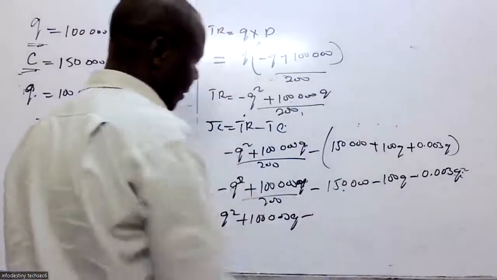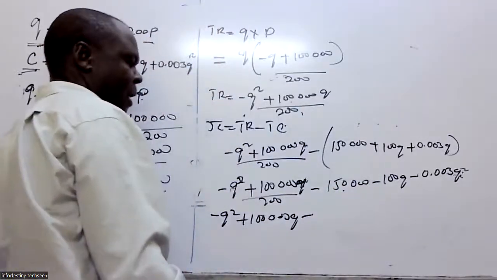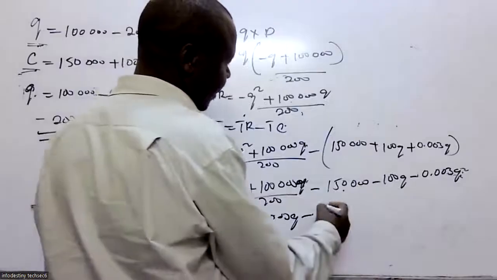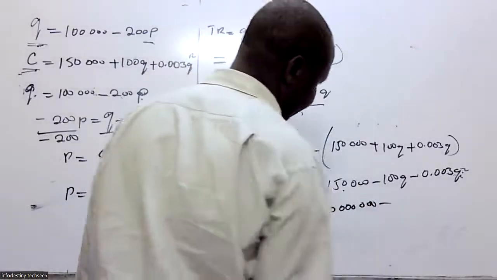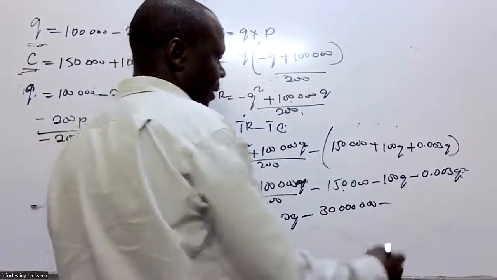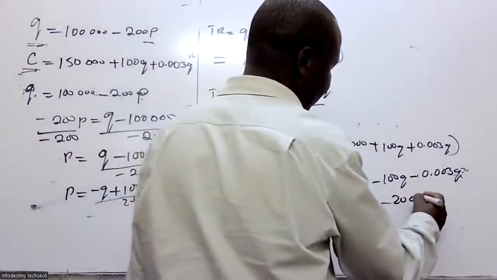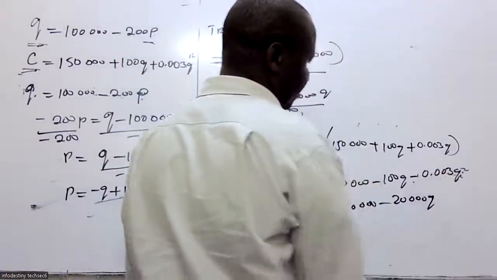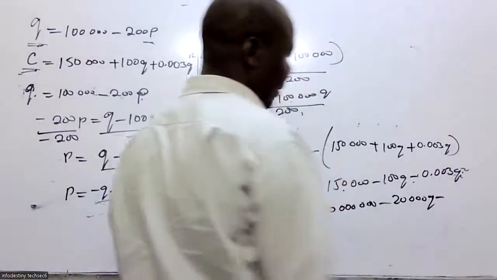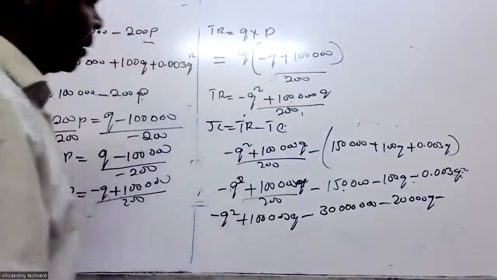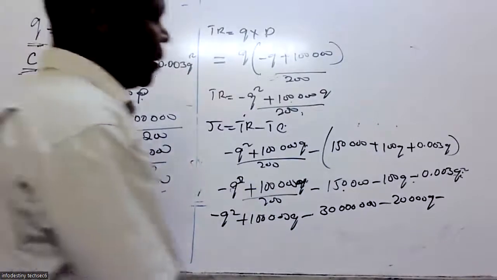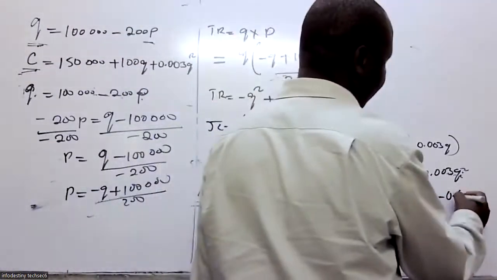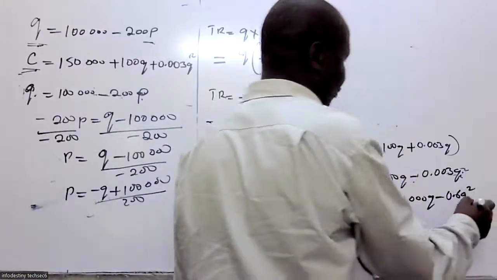Minus, if you multiply, it's going to give us 30 million, minus 20,000 Q, minus 0.6 Q squared.